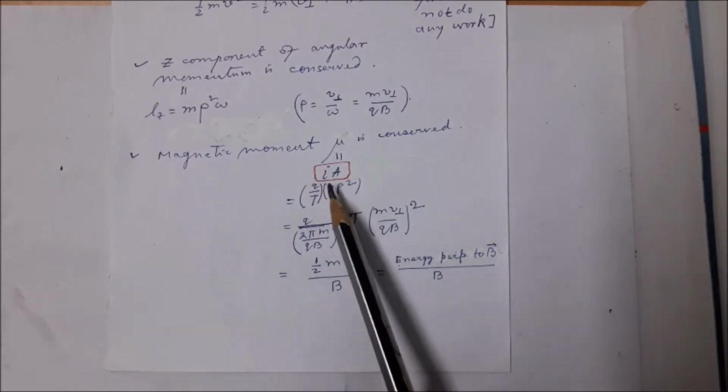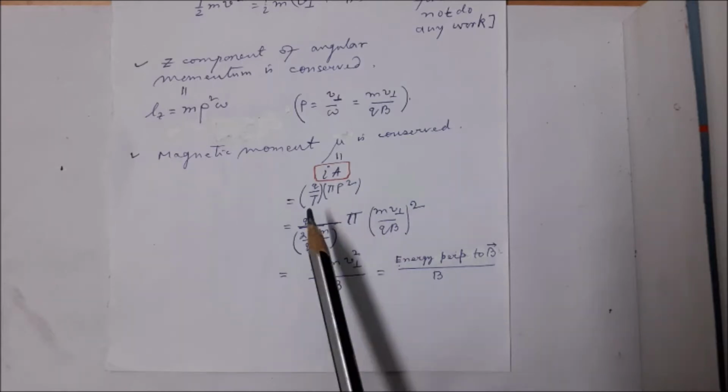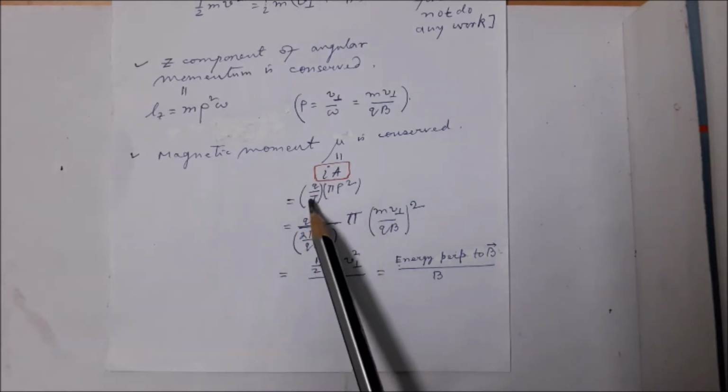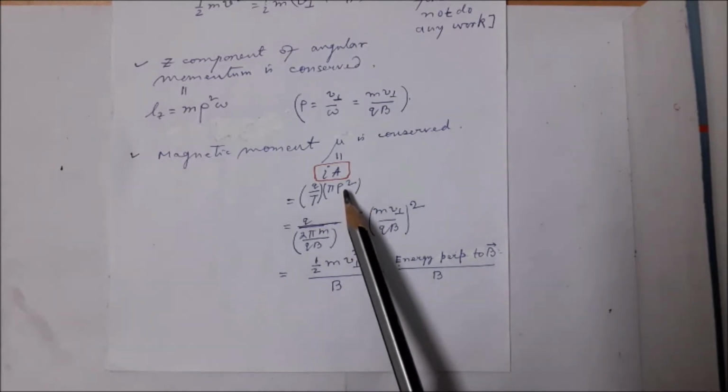It is given by current into area, the analog being electric dipole moment, which is charge into distance. Now current is charge by time and area is pi rho square.